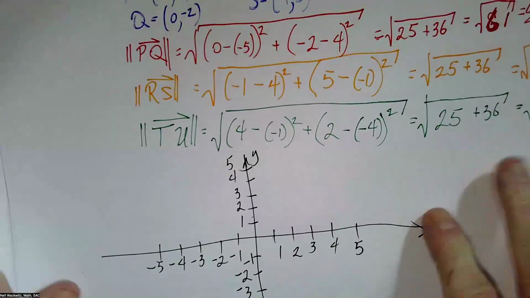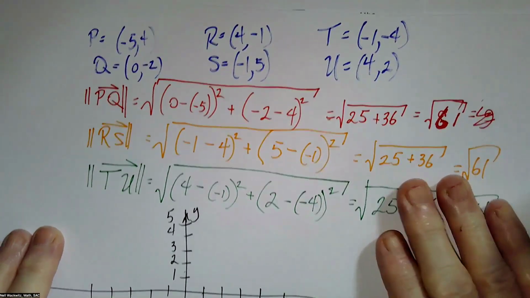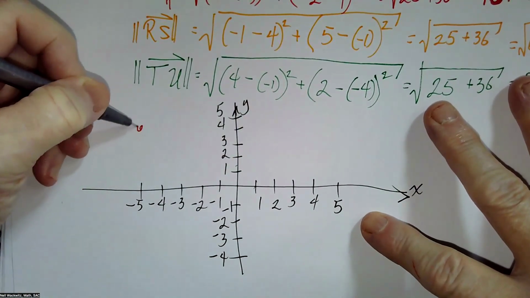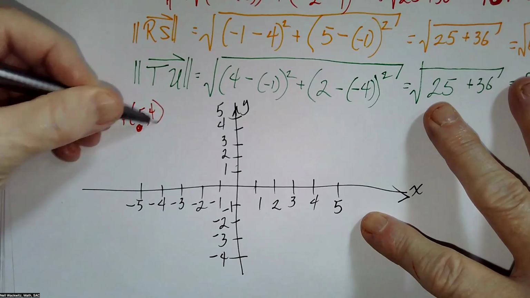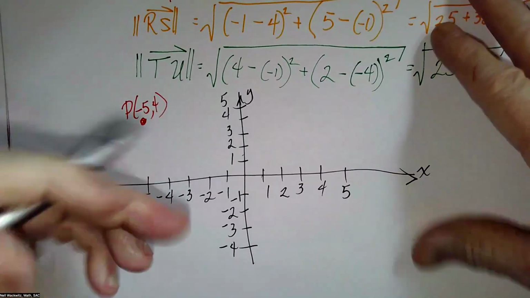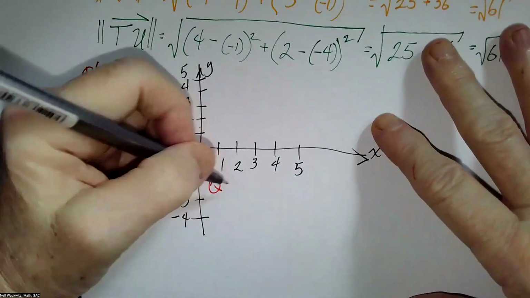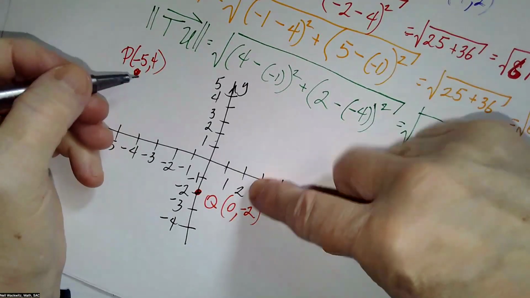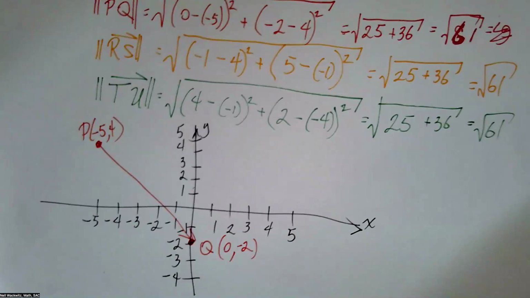So PQ, let's see, P is -5, 4. And Q is 0, -2. So that PQ is that vector.